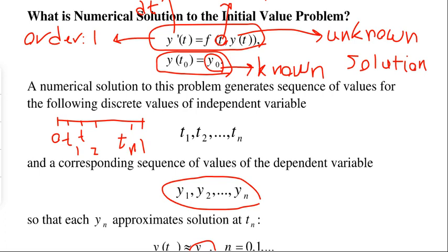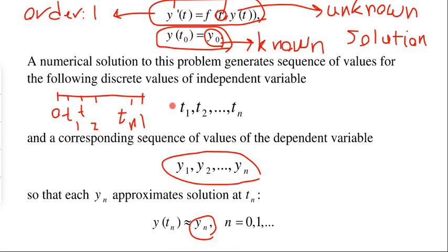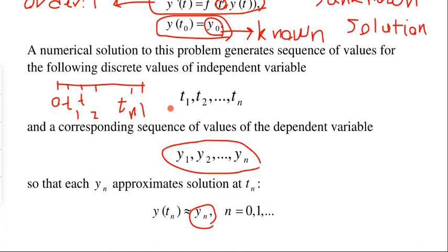Okay, excuse me friends, we can continue our class. So I explained that we want to solve this first order ordinary differential equation subject to these initial conditions. Here first we will select some discrete points t1 to tn.